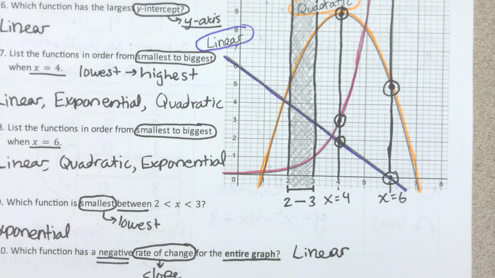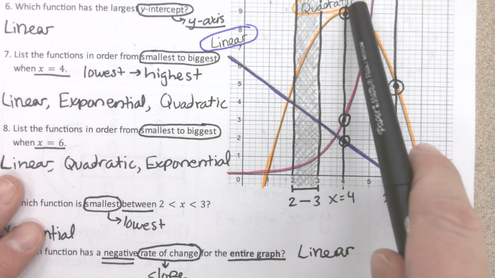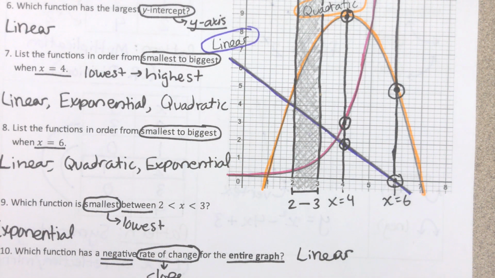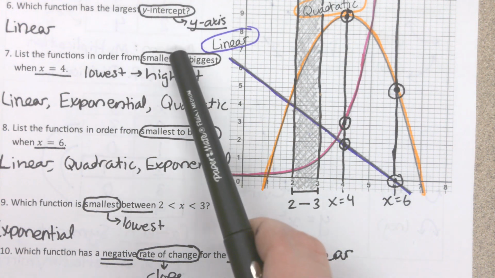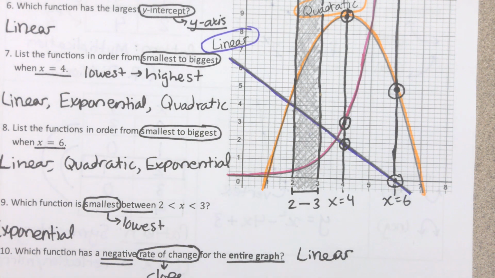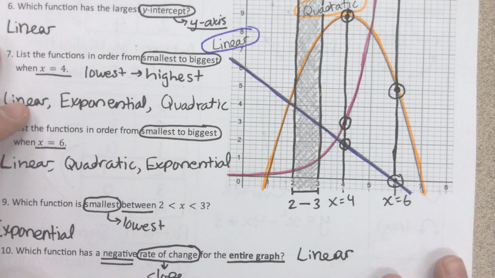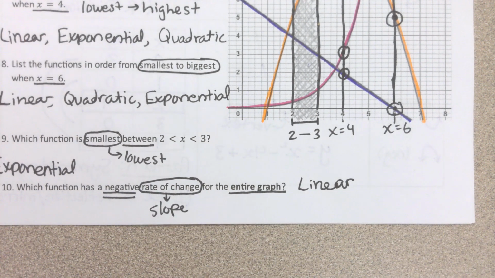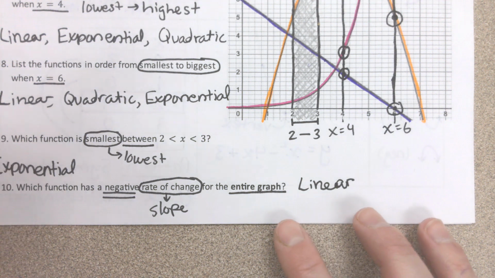Entire graph, though, is important criteria because the quadratic goes down for half of the graph, but not the whole thing. Linear is the only one that's constantly going down, so that makes the difference. So if you want to write an explanation, if you're still not clicking with that answer, you can write this down. If you've got it, just don't write this down.